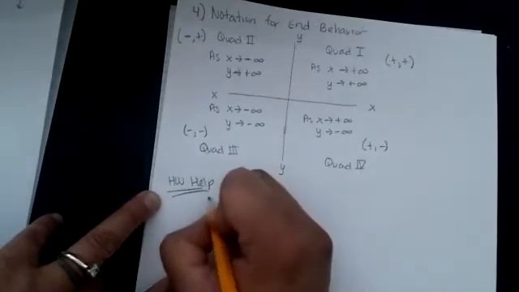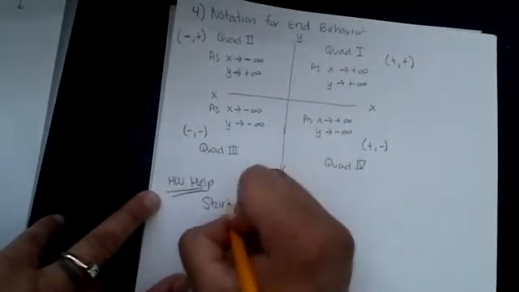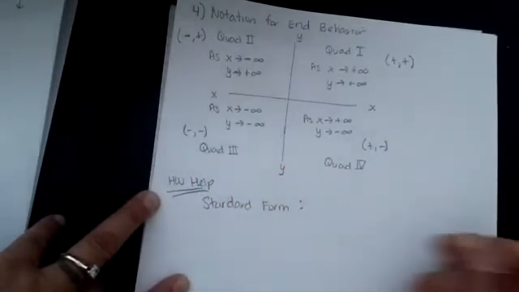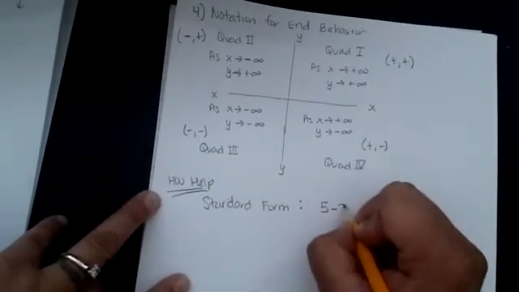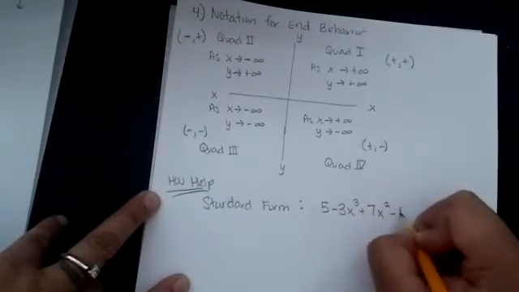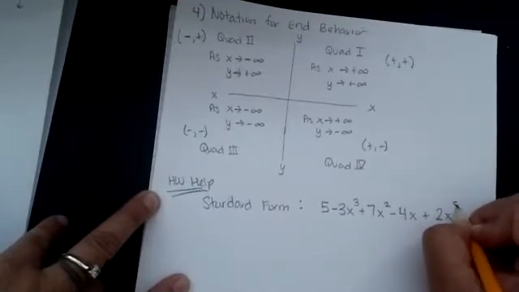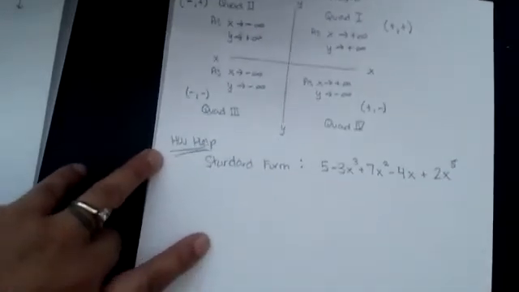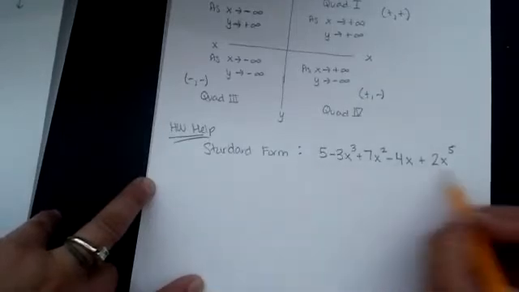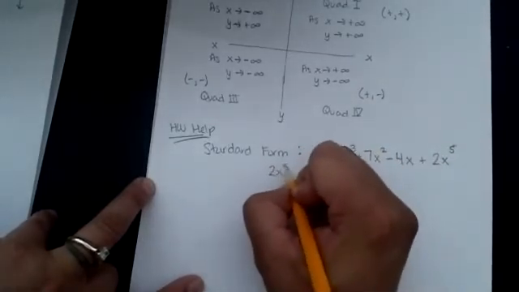So if I'm saying standard form, if I told you 5 minus 3x to the third plus 7x squared minus 4x plus 2x to the 5th power. In order to put that in standard form, you have to go in descending order. So first put the highest exponent, which is the 2x to the 5th. So that's going to go first.